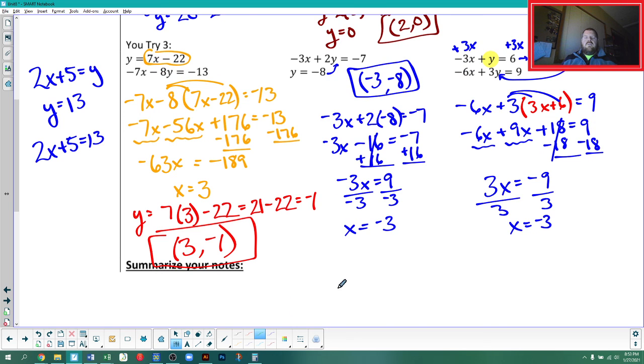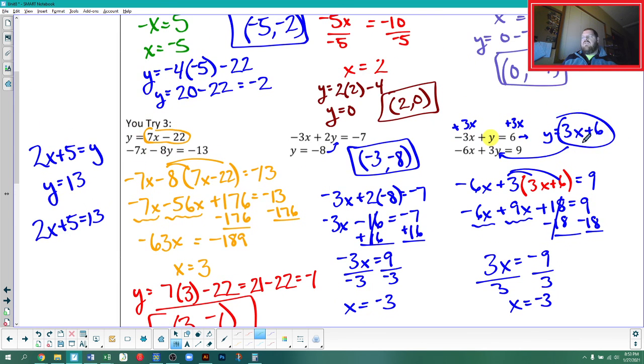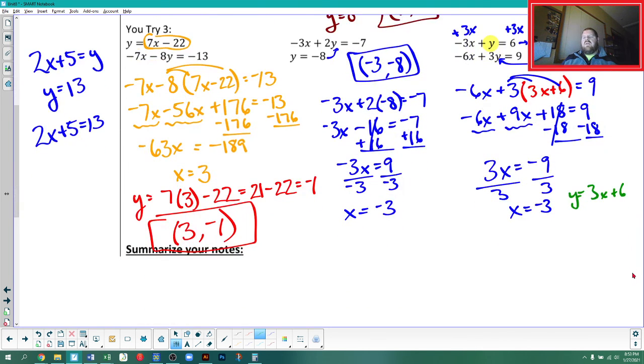Okay. Now let's use that x equals negative 3 in the equation that I built. Oh, you can't see that because my face is over it. In the equation that I built right here. So I'm going to rewrite that. y is equal to 3x plus 6. Sorry, I'm at the edge of my tablet here. And I'm going to use x equals negative 3.